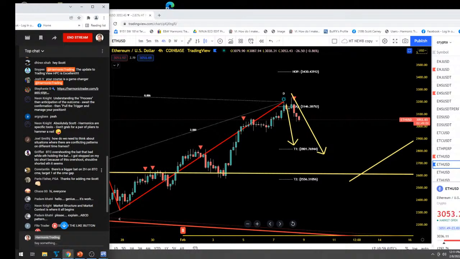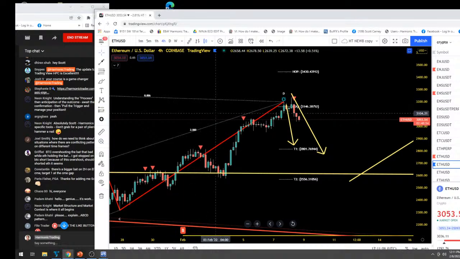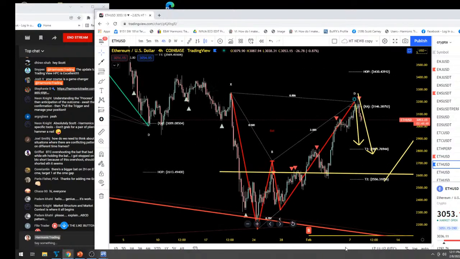You got it. There's a bigger bat on the 2-hour BTC, target 1 on the CME gap. Look, with this bat pattern, it's all about the right W formation. This is Ethereum anyway, since that massive week of selling down, that whole slide right into the lows at 2,200.